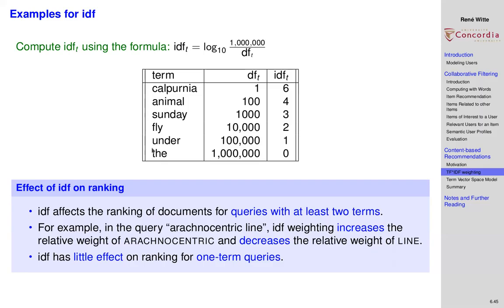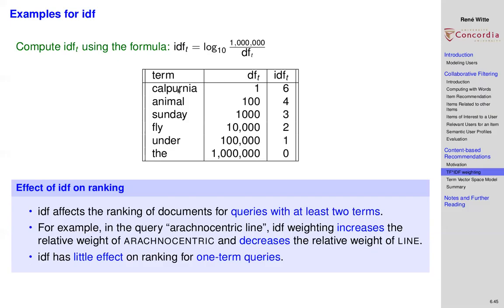On the other end of the scale, we have the word "the", which appears in every single one of these 1 million documents. If you do the calculation for "the", you have 1 million divided by 1 million, which is 1, and the logarithm of 1 is 0. So this word that appears everywhere has a weight of 0. It doesn't help you discriminate at all between the 1 million documents.